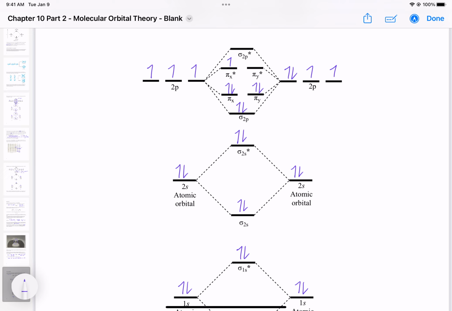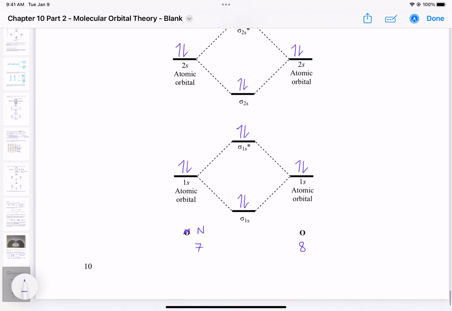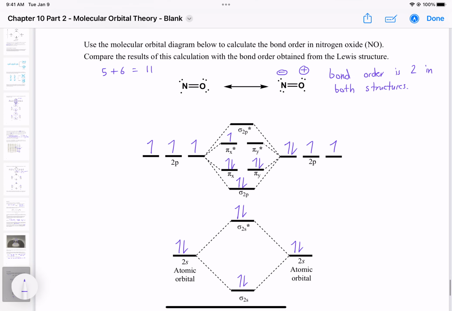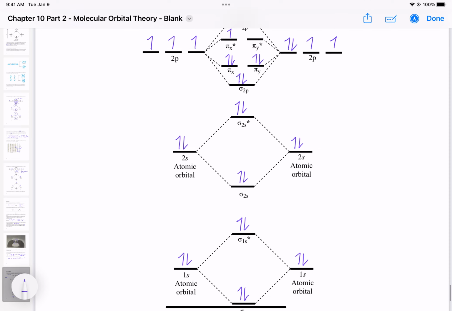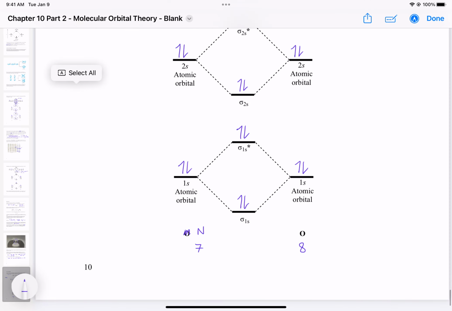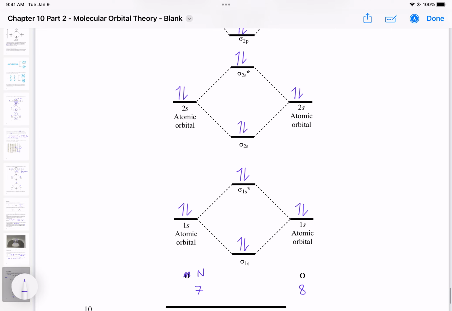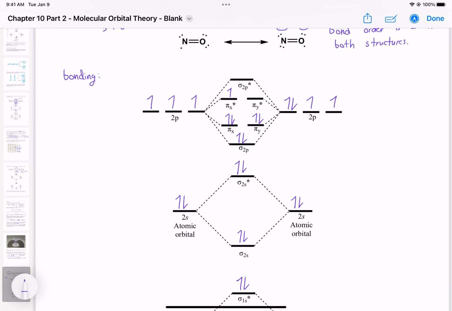Okay, so now let's count up the bond order. Let's count up the electrons here. For bonding electrons, let's count them. 2, 4, 6, 8, 10. So we have 10 electrons in bonding. How about anti-bonding?